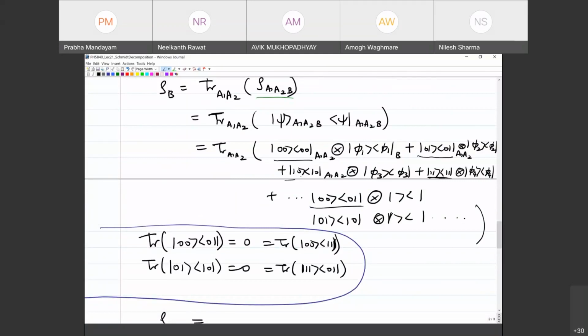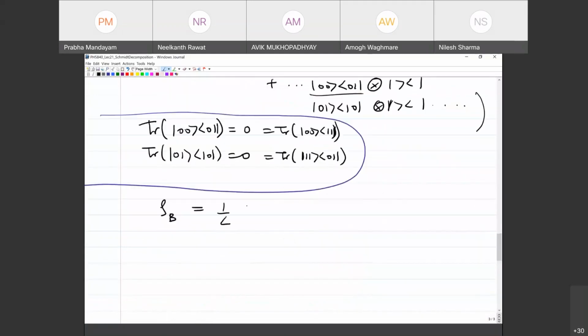So what do I get? I left a factor of 1/4 here. Okay, so I claim that the reduced state is simply 1/4 (|φ1⟩⟨φ1| + |φ2⟩⟨φ2| + |φ3⟩⟨φ3| + |φ4⟩⟨φ4|).